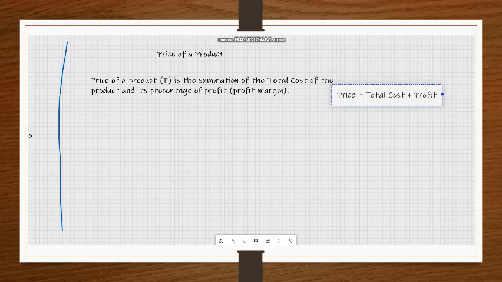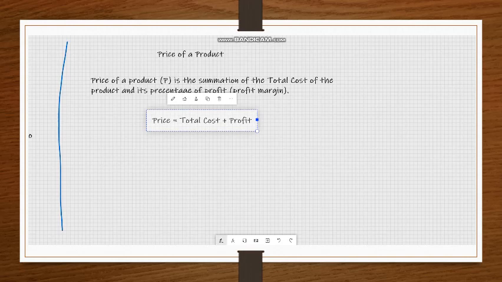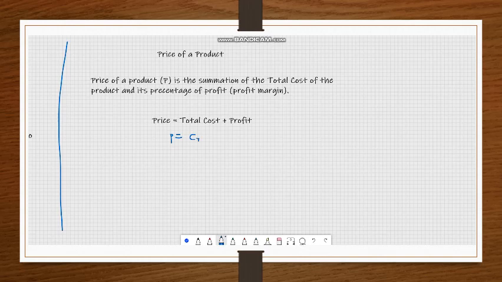The mathematical representation is P equals total cost, C_T, plus profit. Let's show it with a big P, and a small p as the profit.